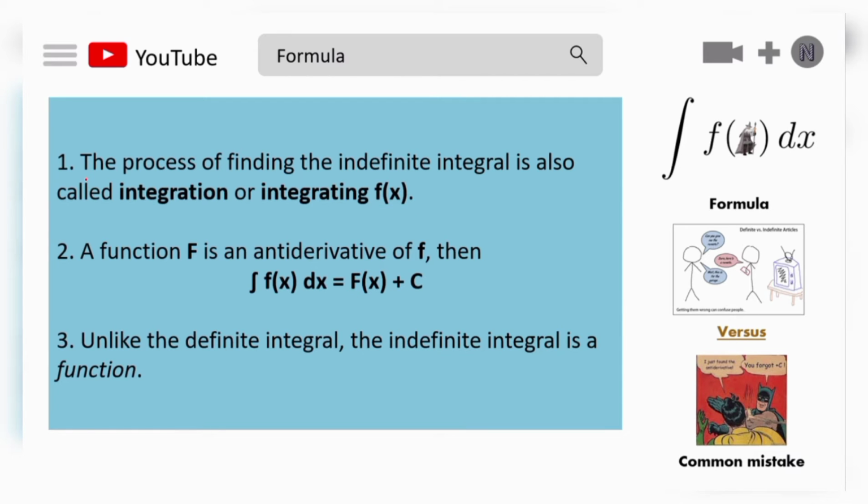The process of finding the indefinite integral is also called integration or integrating f(x).